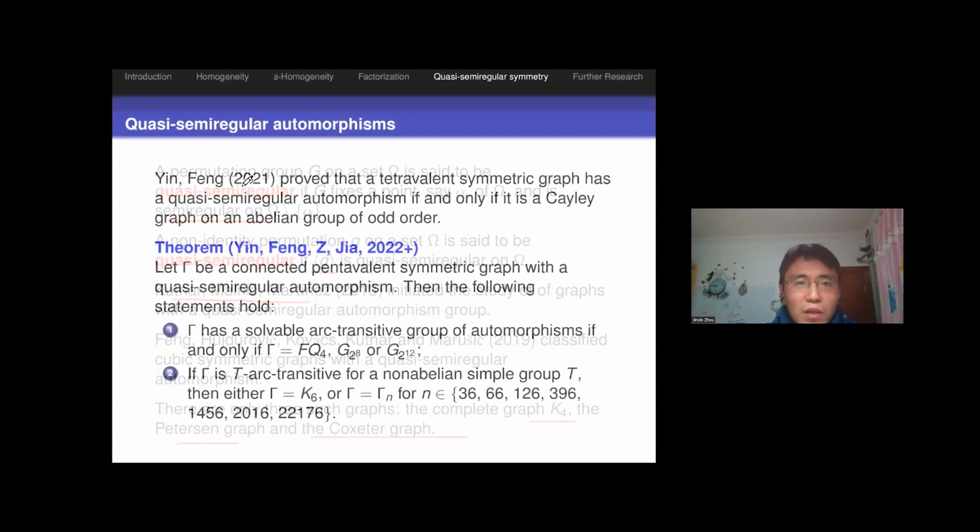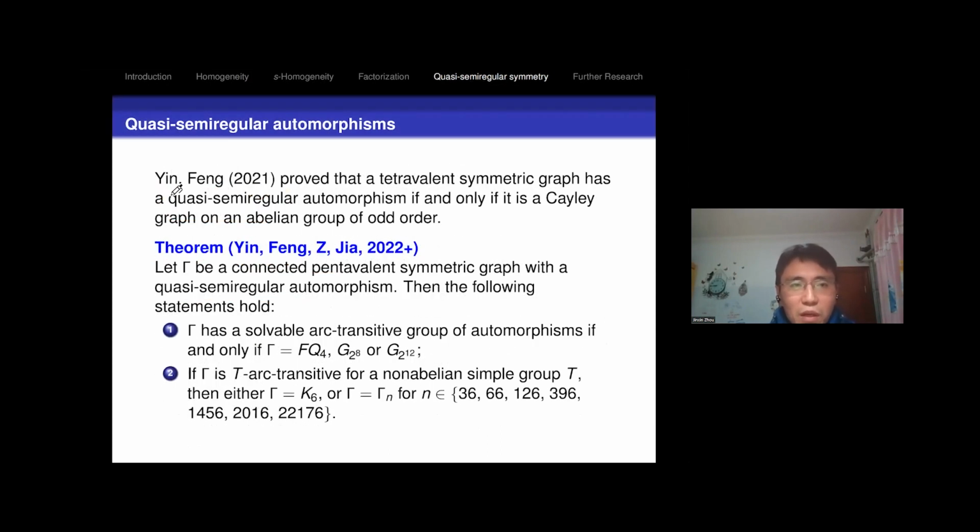And recently, Yin and Feng classified the tetravalent symmetric graphs that have a Cauchy semi-regular automorphism. It turns out every such graph is a Cayley graph on an abelian group.